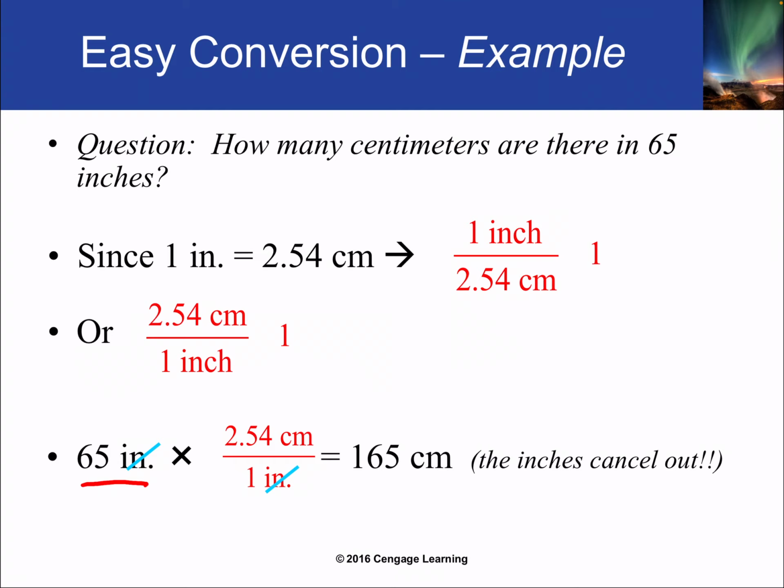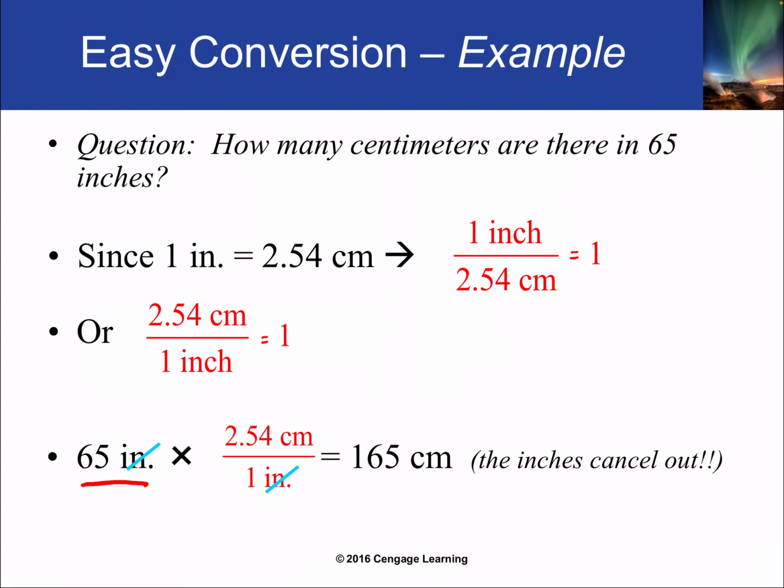So here, first off, we have 1 inch is 2.54 centimeters. And that is written like this, 1 inch over 2.54 centimeters, or we have 2.54 centimeters over 1 inch.